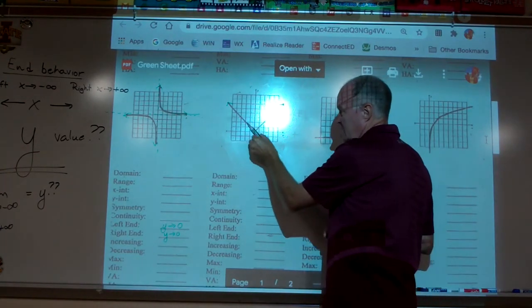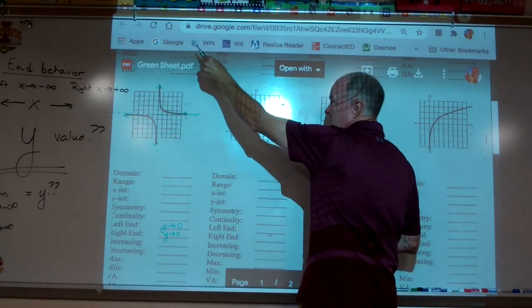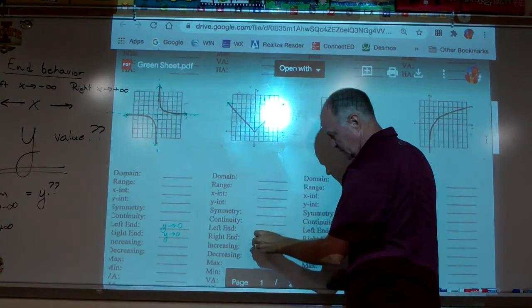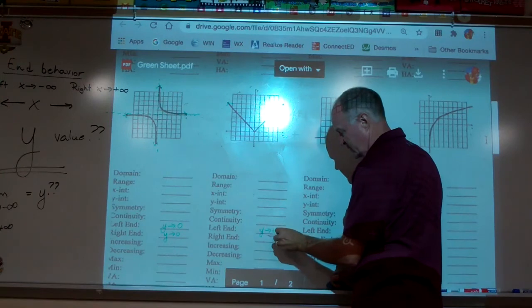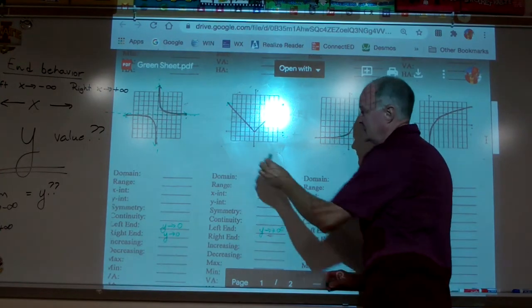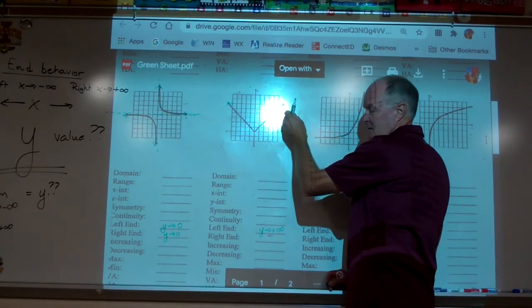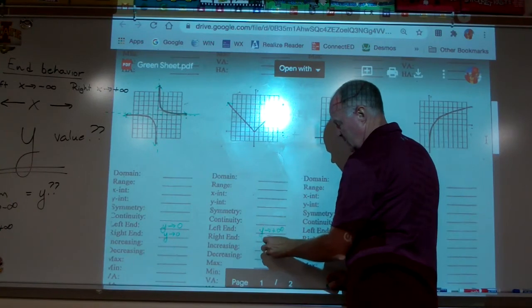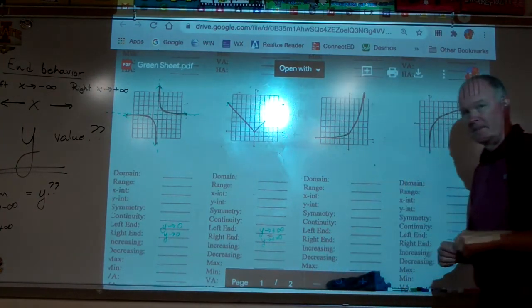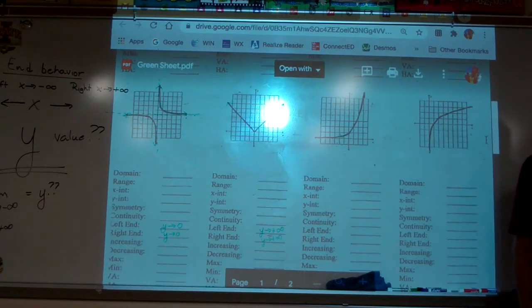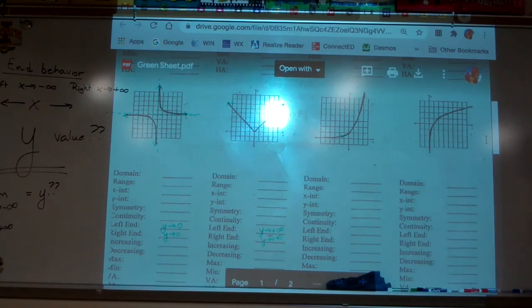As I go all the way to the left, going to the moon. Y approaching positive infinity. I go that way, y is approaching positive infinity. Yeah, that works. It's pretty straightforward when we look at it this way, graphically.